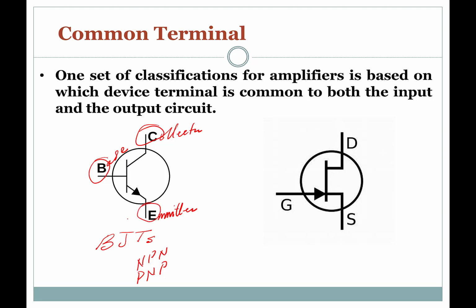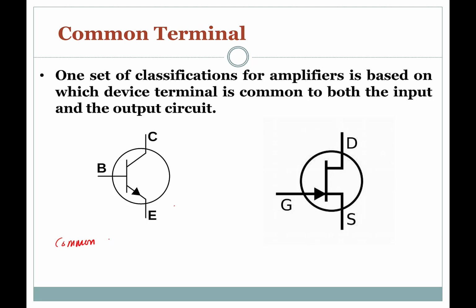If you would recall, when we were looking at BJTs, we looked at BJT configurations, where we looked at the common base configuration, the common emitter configuration, and then the common collector configuration. So we can actually classify amplifiers based on the terminal that is common to the input and the output.